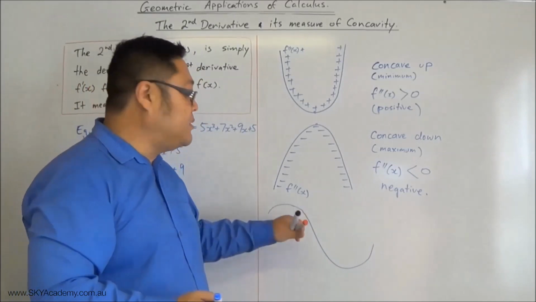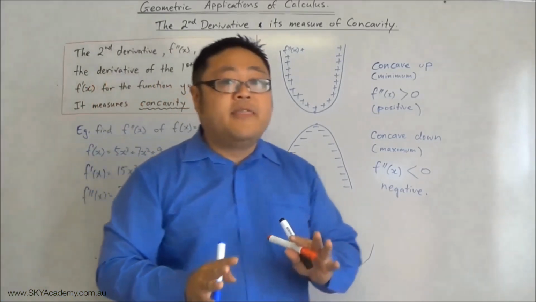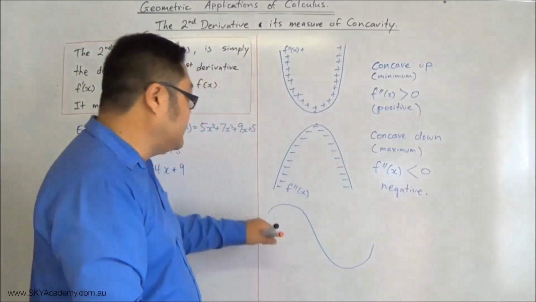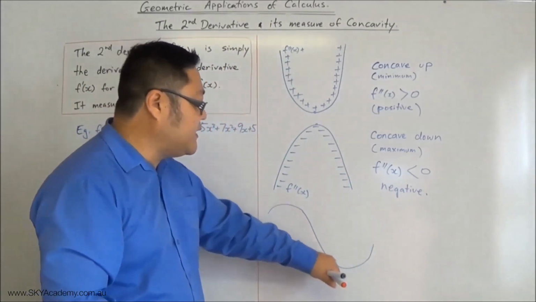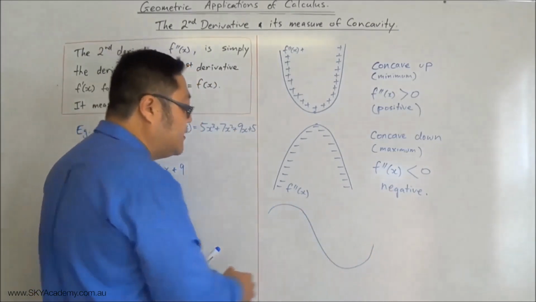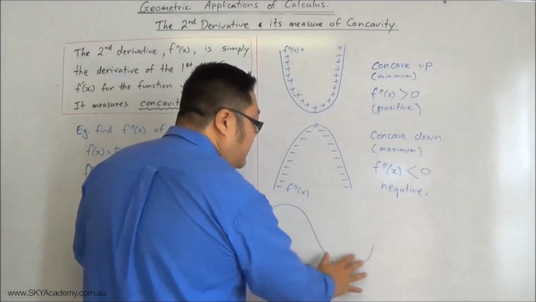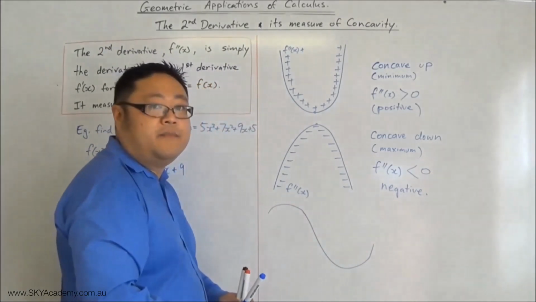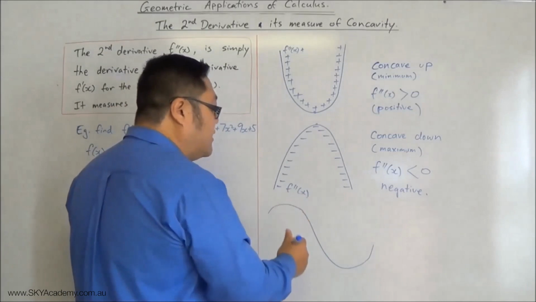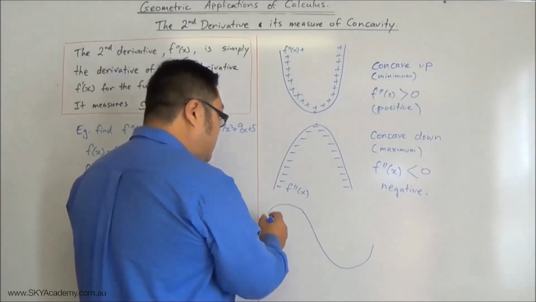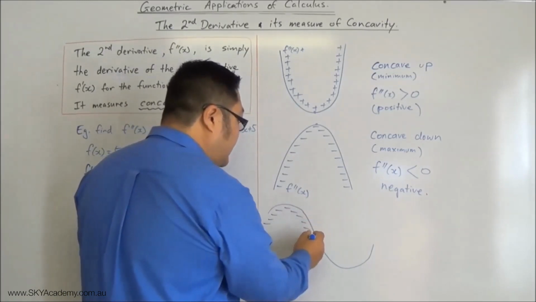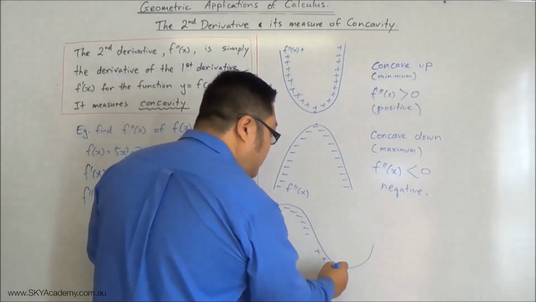Now, sometimes you have curves that are a combination of concave up and concave down. Let's have a look at this particular curve. There is a bit around here that's concave up, and there's a bit around here that's concave down. So basically, the second derivative will go through a process of being negative, and at some point it starts to be positive.